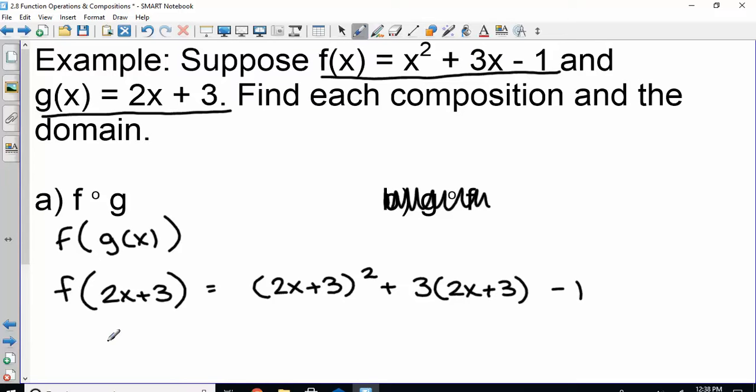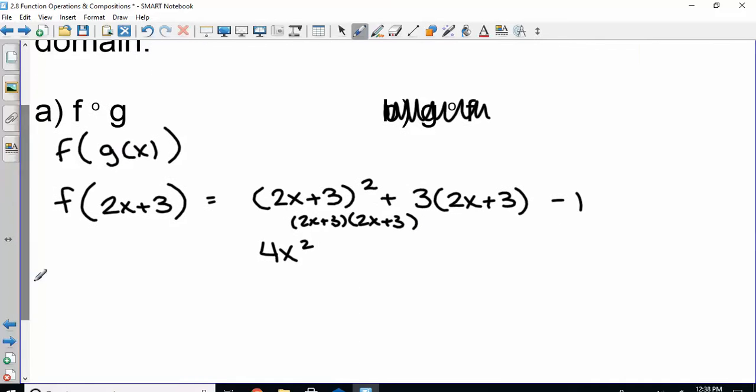How can I simplify this? What do we need to do? FOIL. When you have that 2x plus 3 squared, just like when we had the x plus h squared, that just means you have two of them and you have to write it out and multiply. So we get 4x squared plus 6x and plus 6x, so plus 12x plus 9.